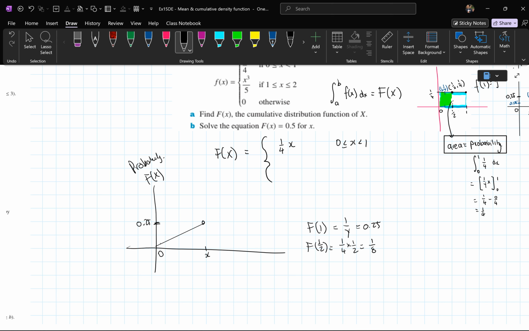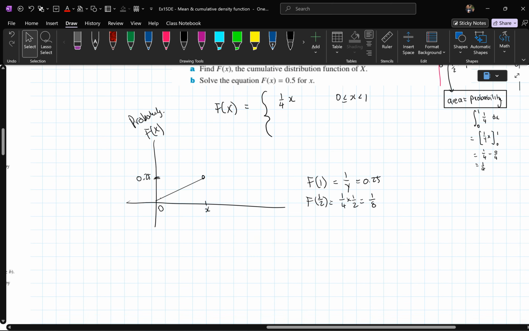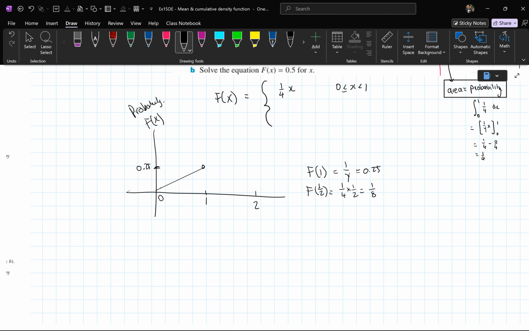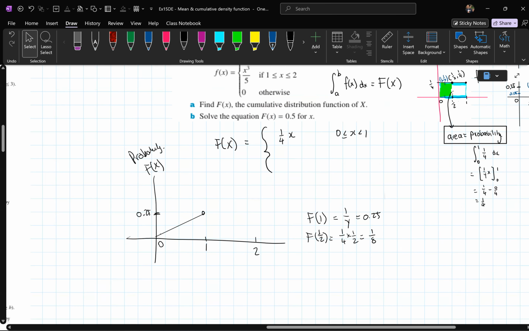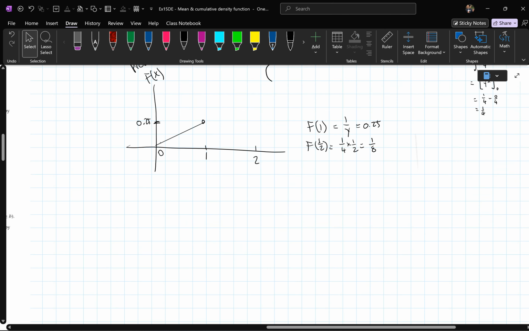That's it. So the next bit, from 1 to 2, okay, so I know that from 1 to 2, I need a curve. Now, there's a bit of a trick here too. So the second bit, you just got to be careful here. Yes, it is just the integration of x cubed on 5, right?